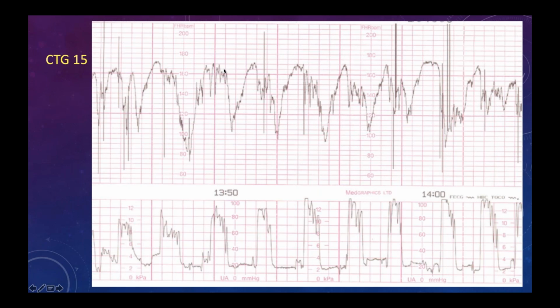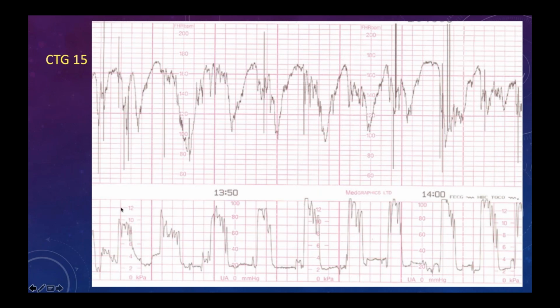So, ma'am, if the decelerations are present in more than 50%, so that will be a normal feature. Yeah, if it is less than 30 minutes. So this stage is less than 30 minutes, less than 30 NR feature. Okay, so more than 50% of the contraction. Yes, so it is 1 NR feature.